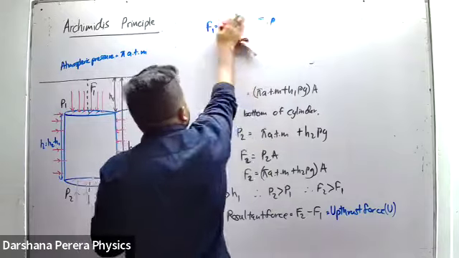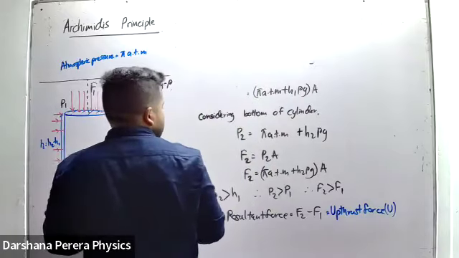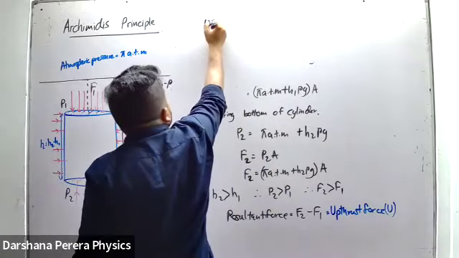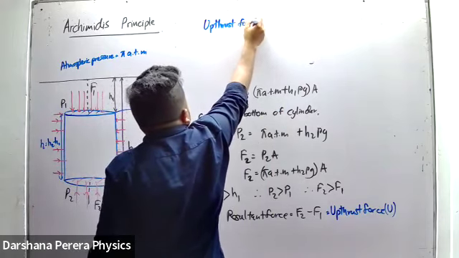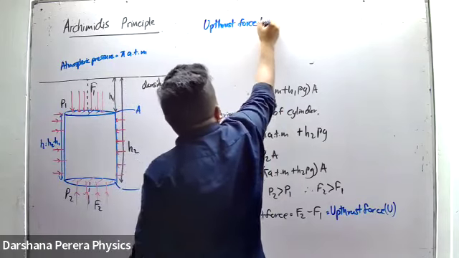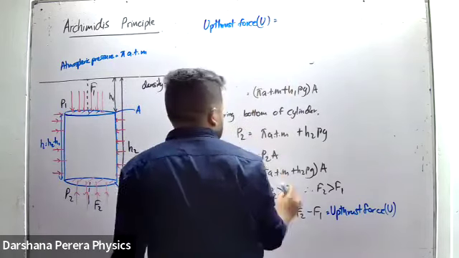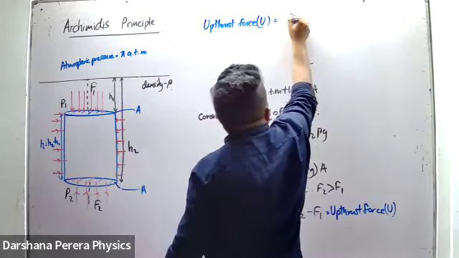So I take the resultant force. The resultant means the upthrust force. Upthrust force U equals what? F2 minus F1. F2 means this one, right?